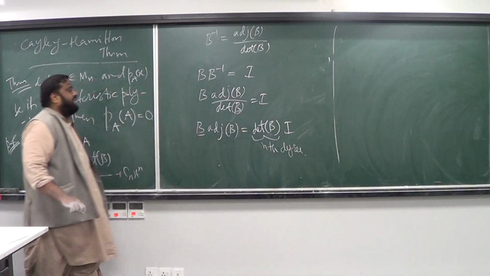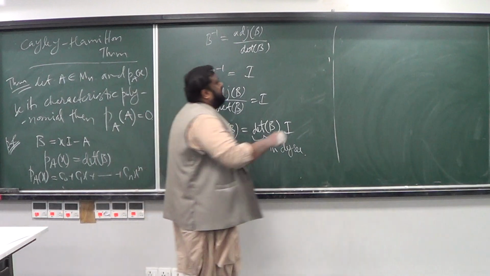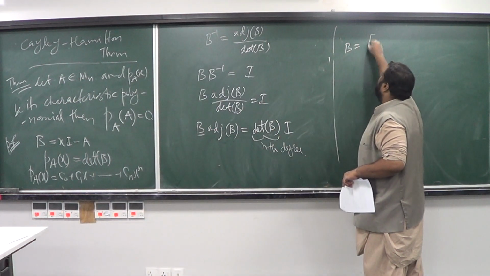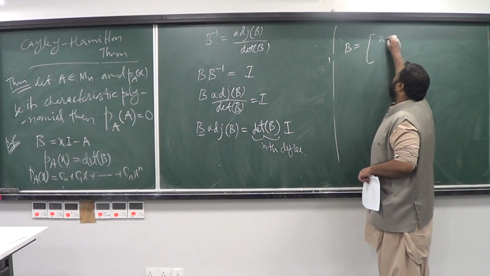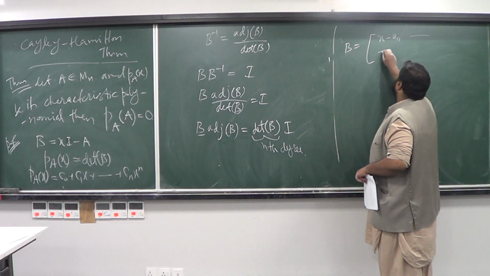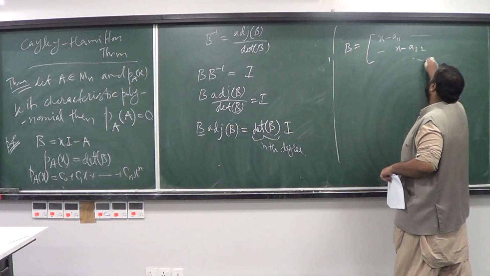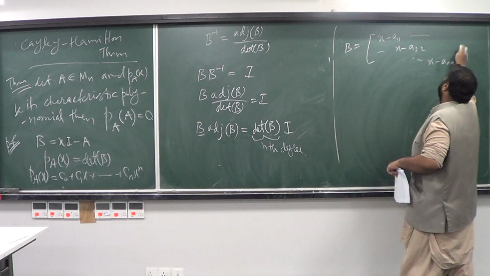What are going to be the polynomials in the matrix B? So when you compute B, what kind of terms will appear? It's going to be x minus a11 in the first entry, then x minus a22, and so on and so forth, up to x minus ann. So you're going to get something like this.